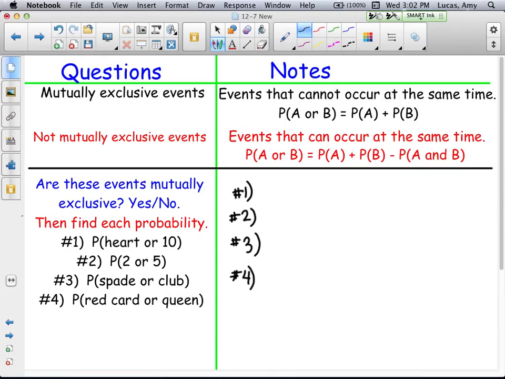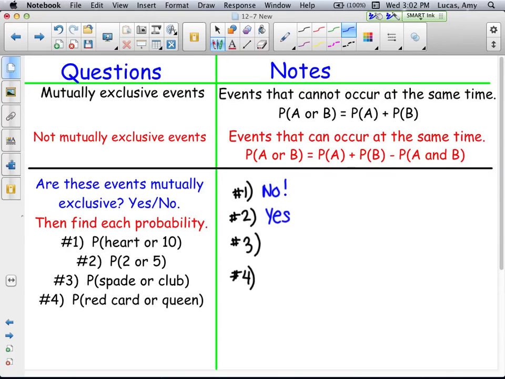Okay, mutually exclusive. So are they separate from each other or do they overlap? Hearts or 10s? Ask yourself, is there a card that is both a heart and a 10 at the same time? Yes. So are they mutually exclusive? No, they are not, because there's a 10 of hearts. Probability of a 2 or a 5, are they completely separate?